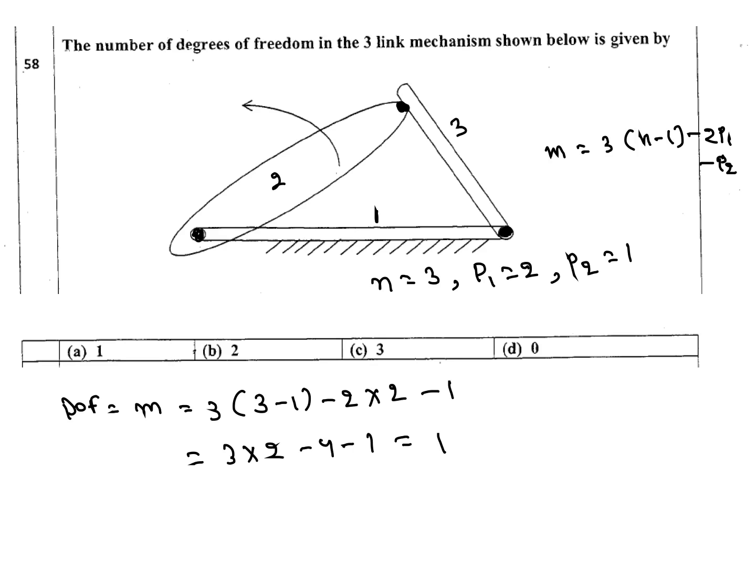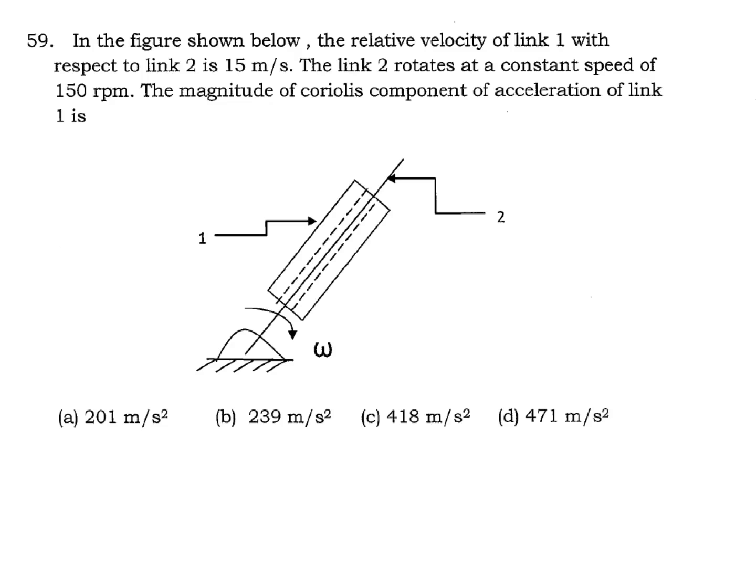In the figure shown below, the relative velocity of link 1 with respect to link 2 is 15 meter per second. The link 2 rotates at a constant speed of 150 rpm. The magnitude of Coriolis component of acceleration of link 1 is how much?